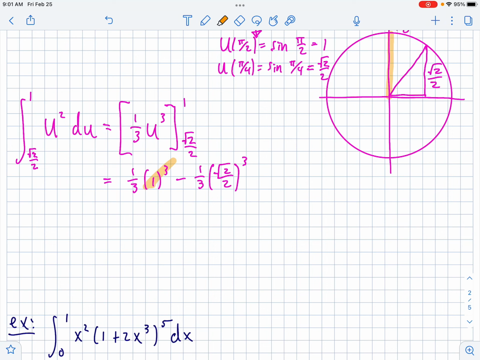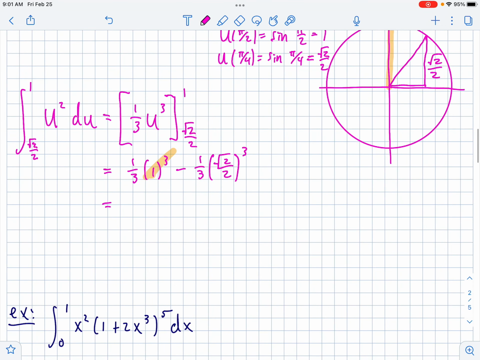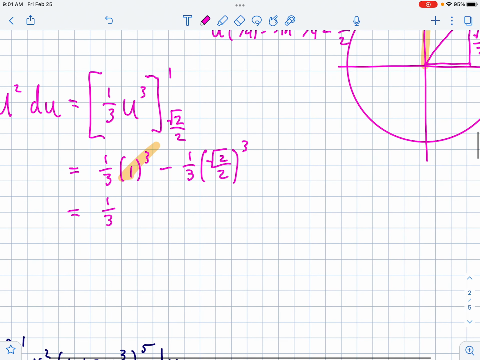Okay, so this becomes 1/3. And then root 2 cubed, I'm just going to leave as root 2 cubed, but this becomes root 2 cubed all over 2 cubed is 8, and 8 times 3 is 24. So this becomes 24.